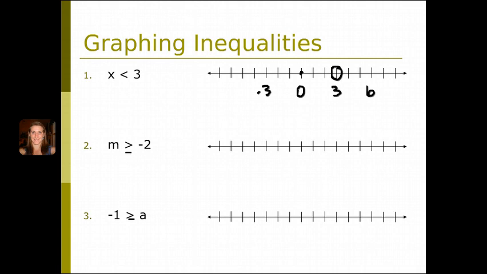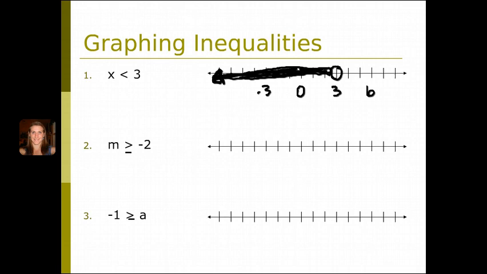So all of the numbers less than 3 are going to be included. And generally, you're going to represent this by a dark bolded line that goes over top of your number line.